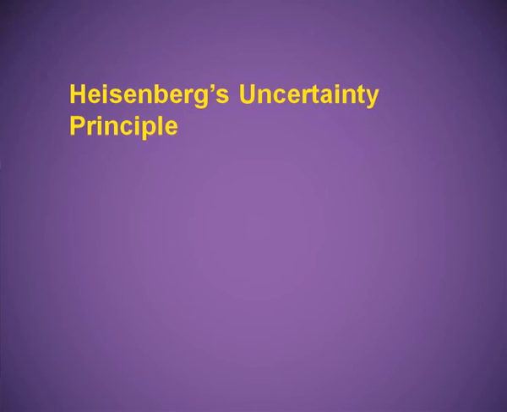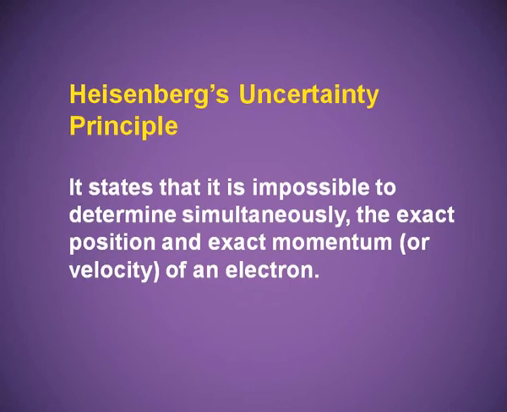Heisenberg uncertainty principle. Heisenberg observed and suggested that it is impossible to find simultaneously the position and momentum or velocity of a subatomic particle. You have to keep in mind the two things while defining Heisenberg uncertainty principle.